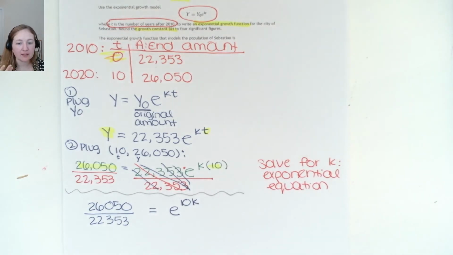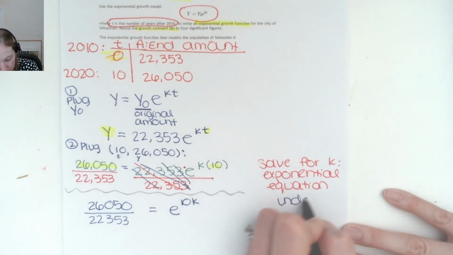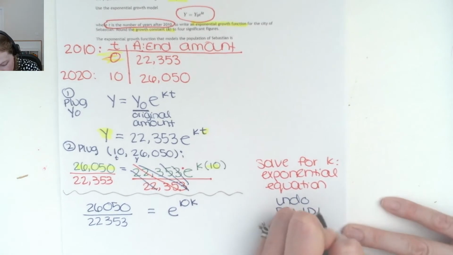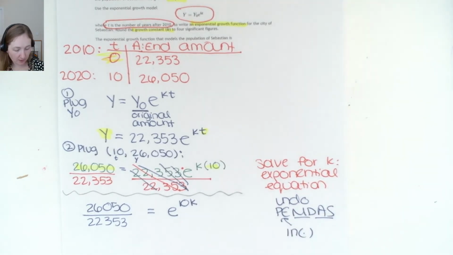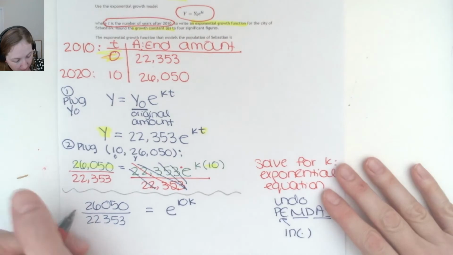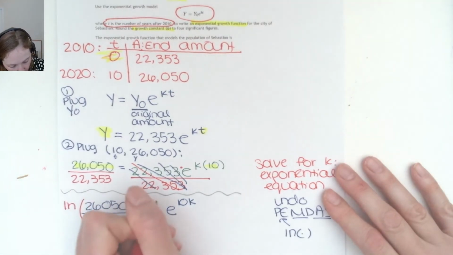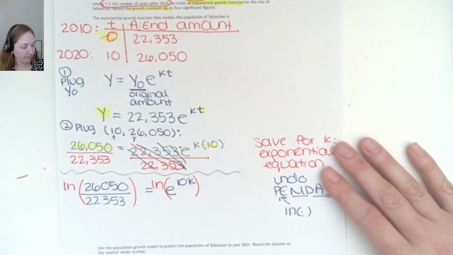Again, I'm trying to undo PEMDAS. I undid the multiplication and division. Now I'm trying to undo the exponent. The way I undo the exponent is by taking the natural log. So I'm going to apply the natural log to both sides.